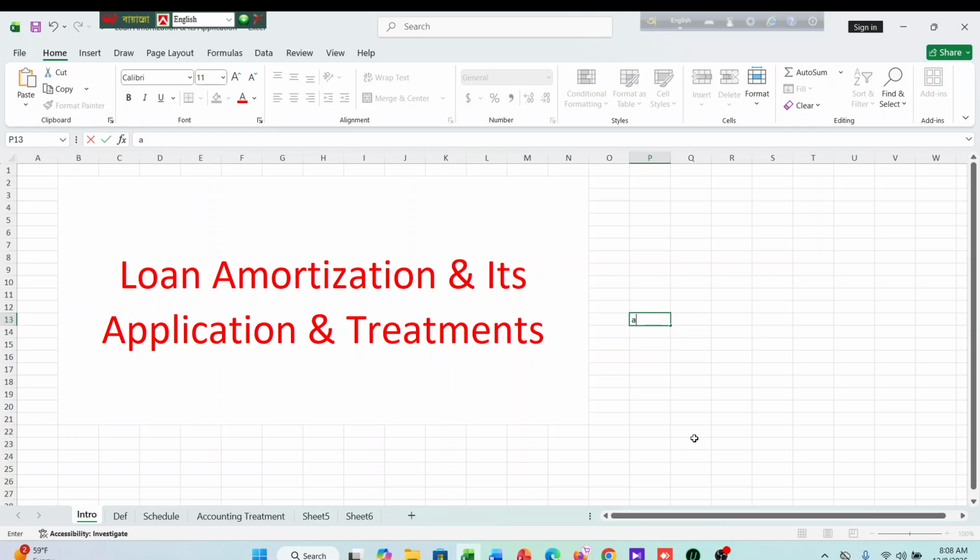What happens? The bank manager will say, okay, no problem. I will give you a loan of 1 lakh for 5 years, and you have to pay me, suppose, 5,000 US dollar monthly, etc.